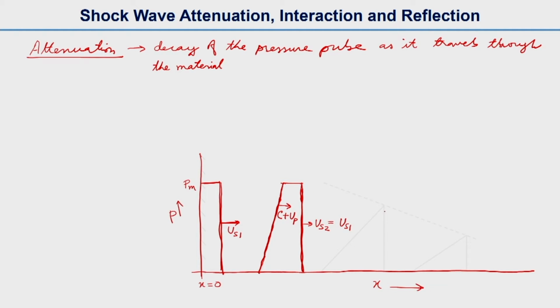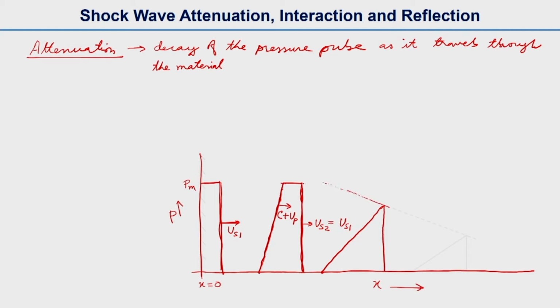However, after some time what will happen is that this plateau, or the flat top, will disappear, and then after some distance the pulse will look like this. And then the peak pressure will decrease.